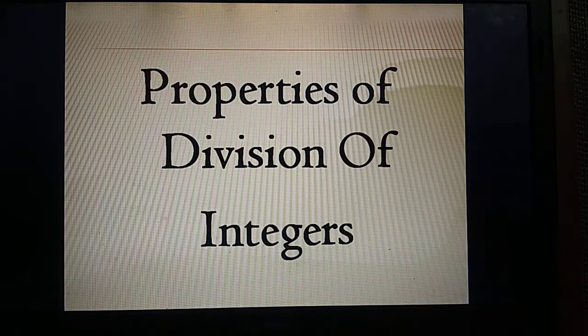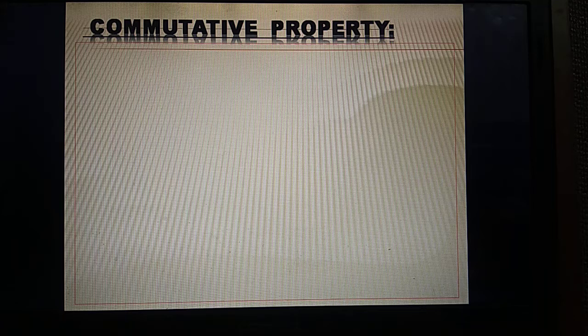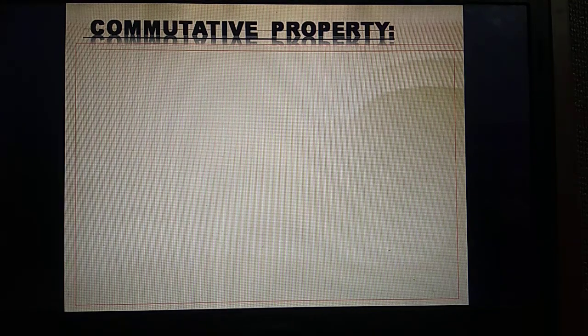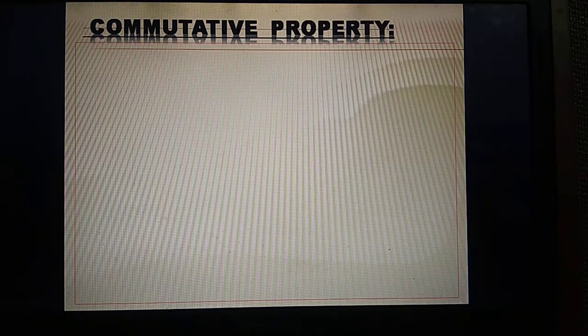Now, properties of division of integers. Commutative property. First we will check whether it holds true for commutative property or not. Commutative property means there will be two integers. You will perform division, then you will change the order and you will check whether it will give you the same result or not.